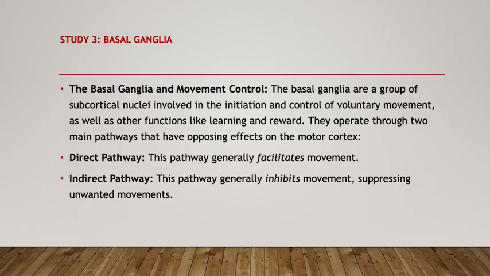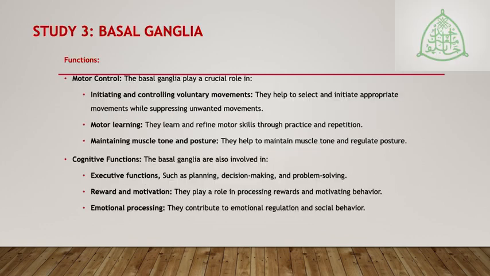They operate through two pathways, like we said earlier on, where we have the direct pathway, which helps in initiating and facilitating movement, and we have the indirect pathway. This pathway generally inhibits movement, suppressing unwanted movement.